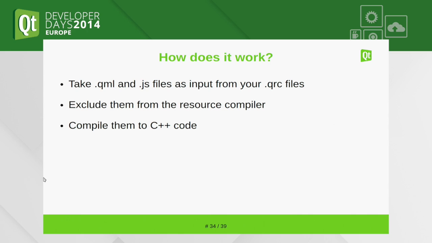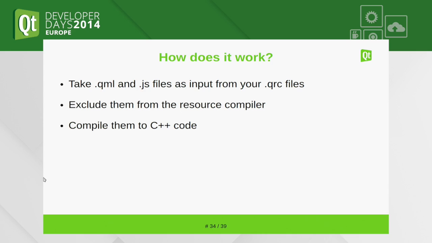The basic principle of how it works is that it takes QML and JS files standalone and takes them as input from your QRC files. So you have to design your application as if it was standalone and would just ship all of the QML, qmldir and JS files inside the application through the Qt resource system.